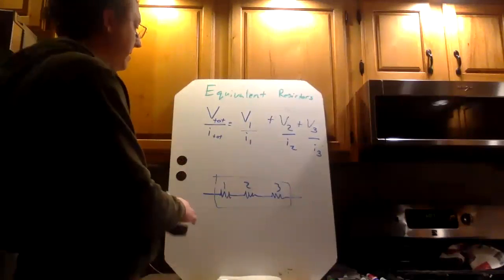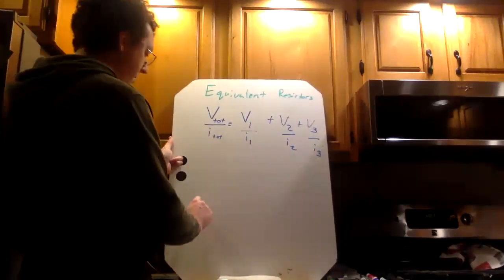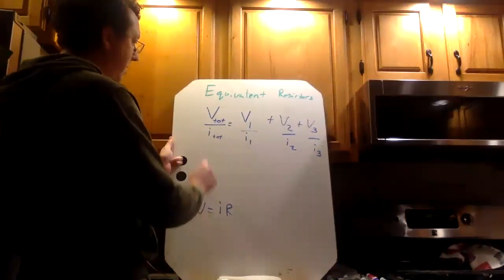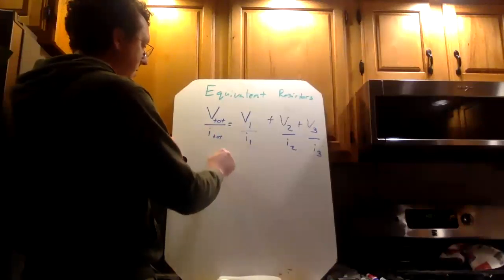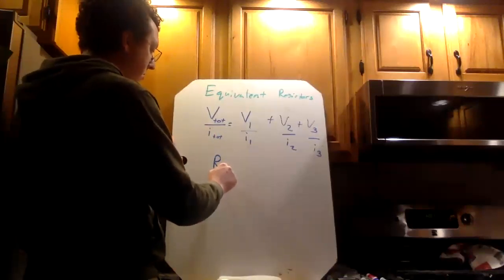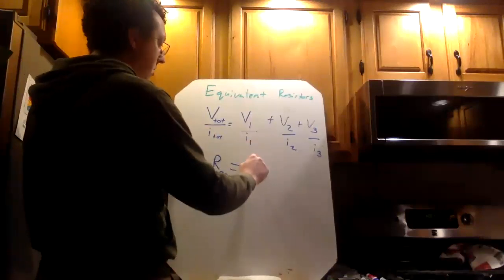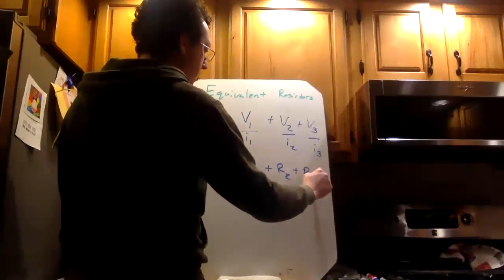And if I did that, then going back to my formula for resistance, remember V equals IR, I would see that V divided by I is nothing other than, I would call this thing the equivalent or total resistance, and that would equal R1 plus R2 plus R3.